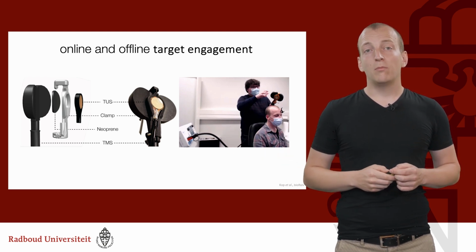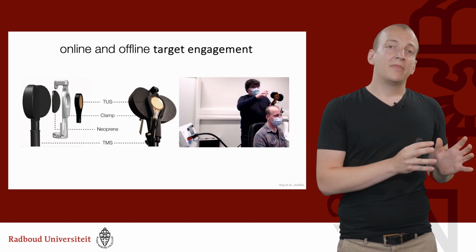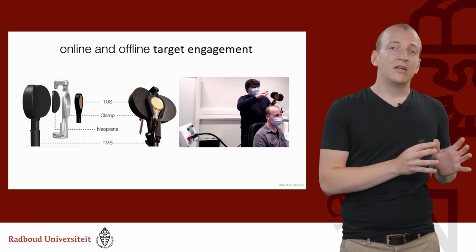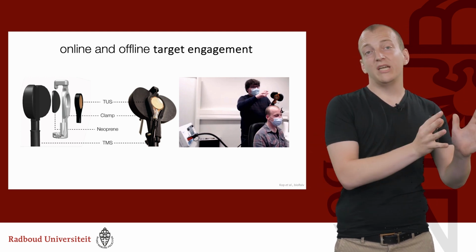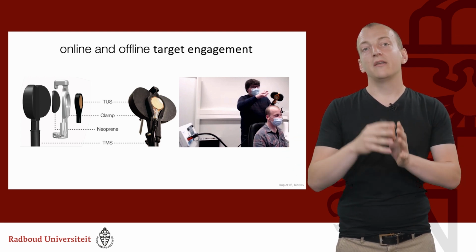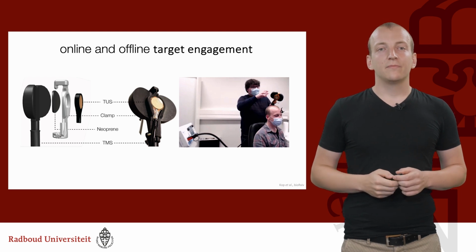And here I'm talking about both online and offline target engagement. Online meaning the effect on your outcome measure during stimulation, whereas offline protocols refer to stimulation with a protocol that might lead to longer term effects and then over time measuring effects on your outcome measure.